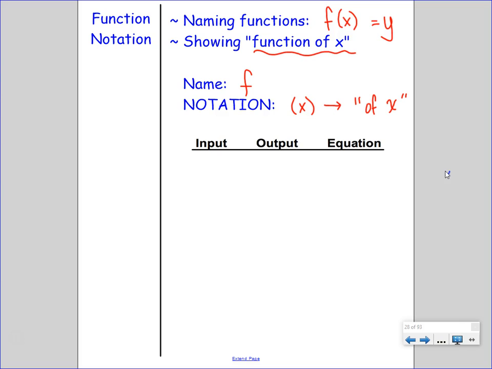Do you guys remember the other day? It was Friday. And we talked about volume as a function of radius, right? And I wrote down volume, we technically hadn't reviewed function notation, as a function of radius. Does this make more sense of what I meant by this? Yeah.